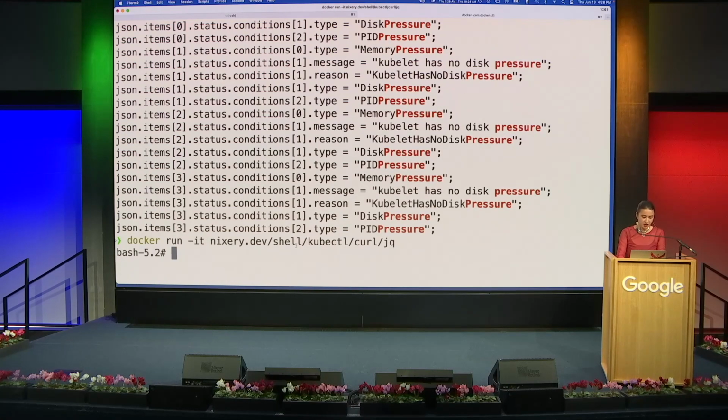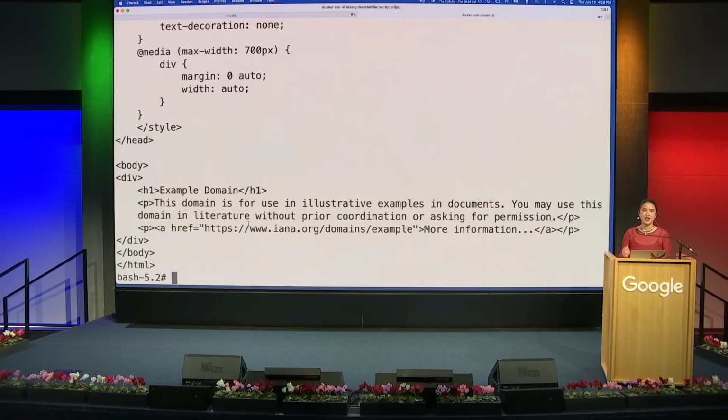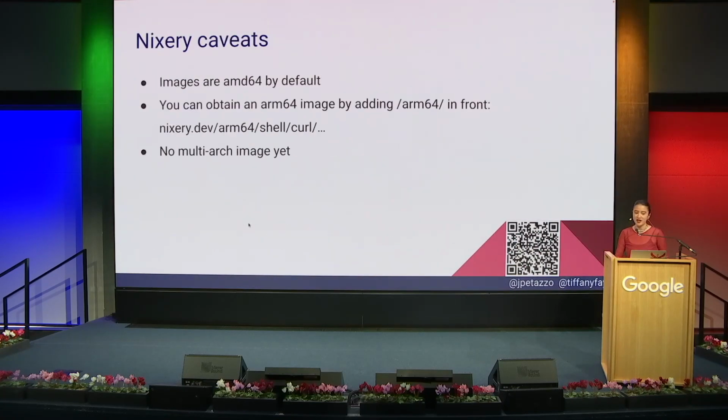If I just try doing curl on example.com, you can see that I have an image that has all that in there, which I thought was pretty cool. There are some caveats. Images are AMD64 by default. You can actually use ARM64, though. You just put that in the front. And currently, there isn't a multi-architecture image for that. But just another super helpful thing.